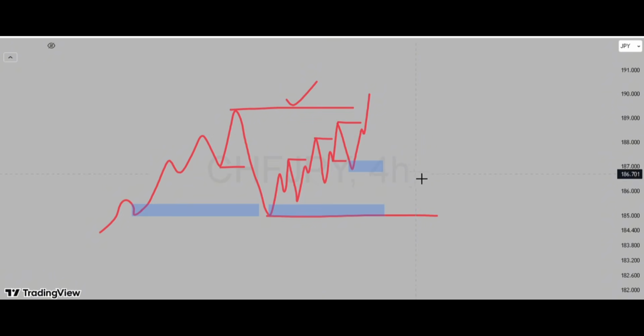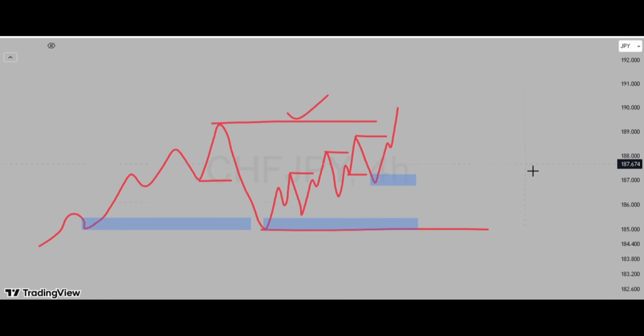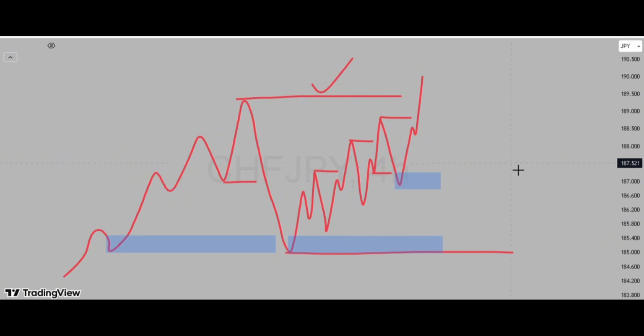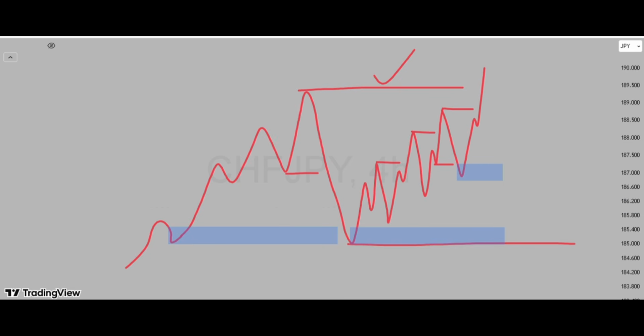But before we start checking it on the charts, I want to use this diagram to explain something to you guys, and maybe this will clear some confusion. As you can see, when we are going up, we have our impulse, correction, and value pullback here. Market comes back to this, then starts going up.